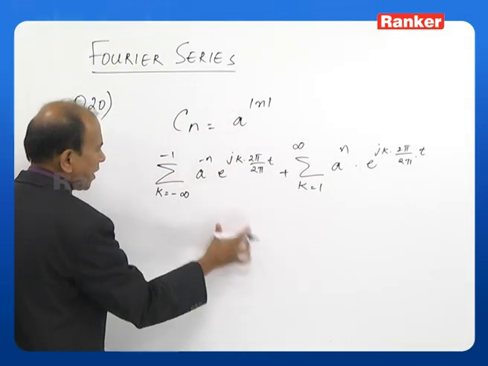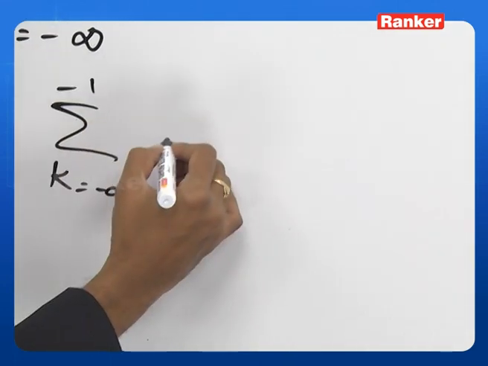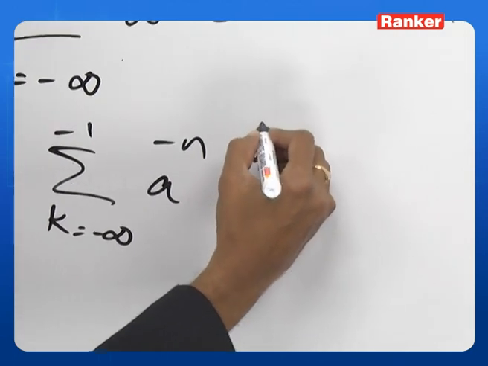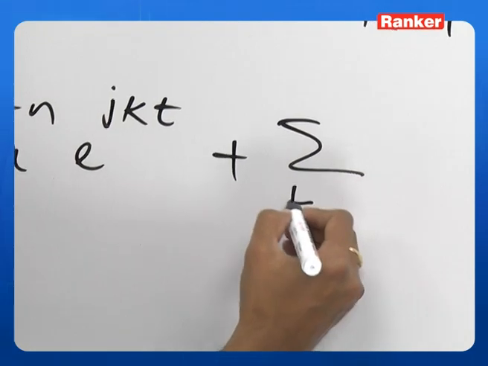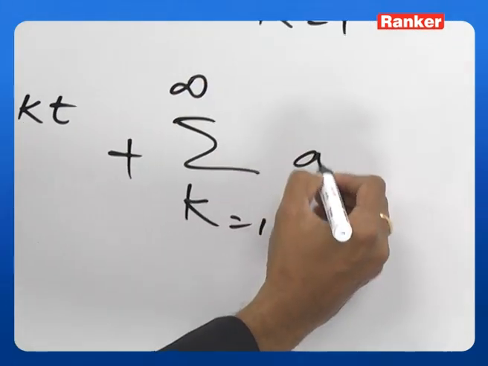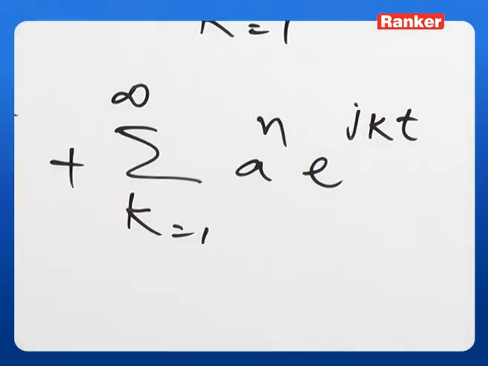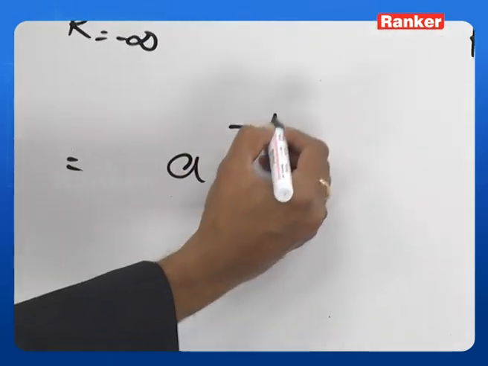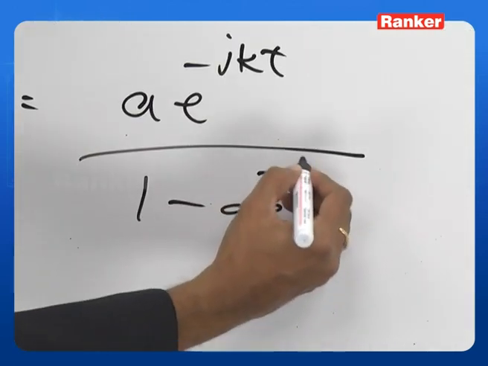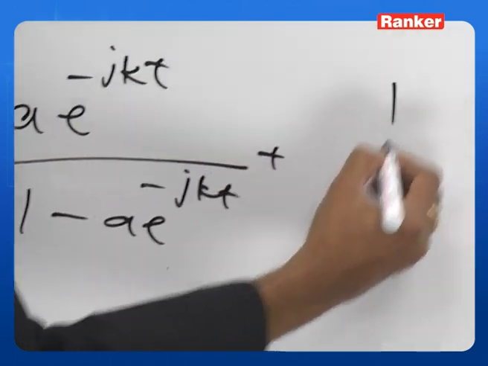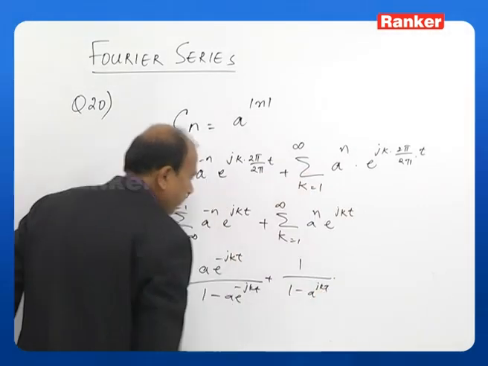So, if you look at this, this is k is equal to minus infinity to minus 1, a to the power of minus 1, e to the power of j k t plus this one, e to the power of n, e to the power of j k t. So, this equals a e to the power of minus j k t by 1 minus e to the power of minus j k t plus 1 by 1 minus a to the power of j k t.